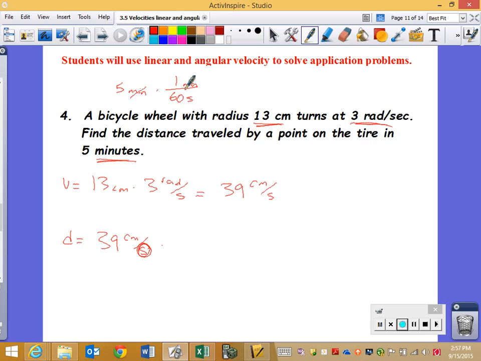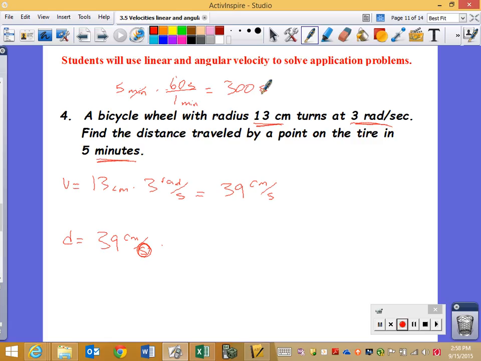My minutes cancel. I put that upside down. I wanted to do that a different way. My apologies. Minutes should go on the bottom here. There are 60 seconds per minute, which gives me 300 seconds here.